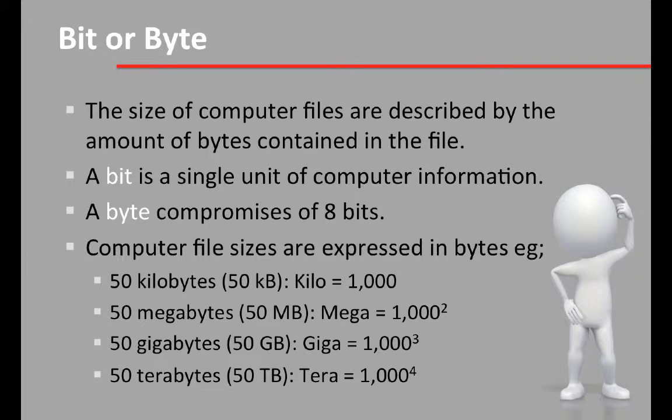Gigabytes is 1,000 cubed, and terabytes is 1,000 to the power of 4. So 1,000 times 1,000 times 1,000 times 1,000. So terabytes is very large file sizes, whereas kilobytes are the smaller ones. So kilo, mega, giga, tera are ways of describing how many thousands, millions or billions of bytes are actually in those files.